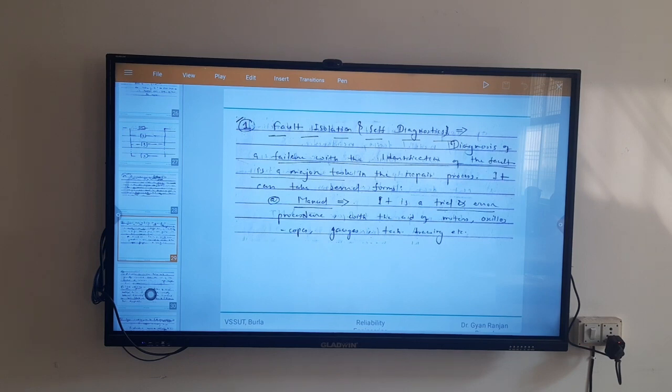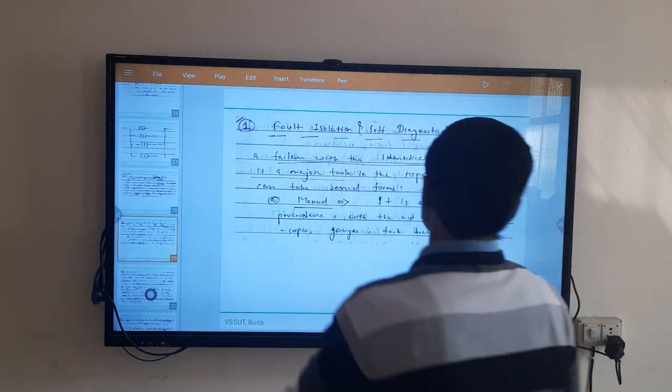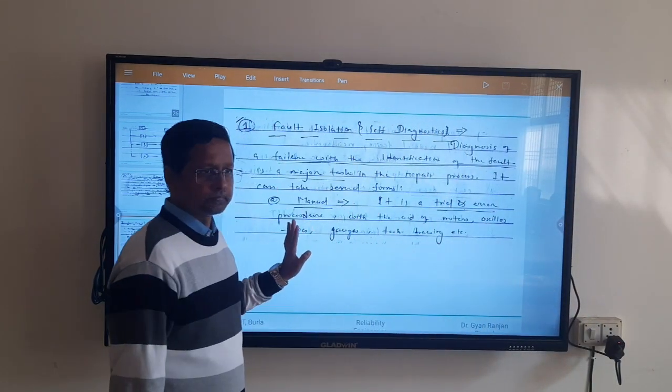But if it is able to isolate itself, that means it is intelligent enough to communicate that, dear HMI, now I have failed, I am already experiencing some problem, है ना? So please come and do your necessary job. Okay? Repair me, right? So this job you can do manually.